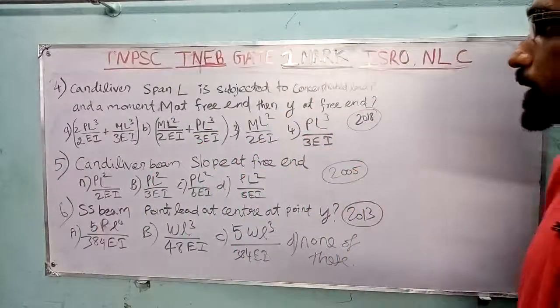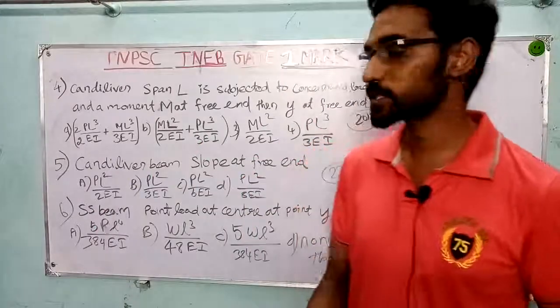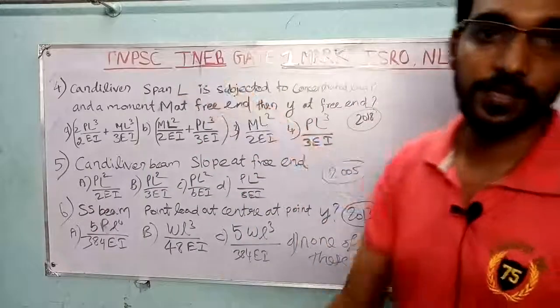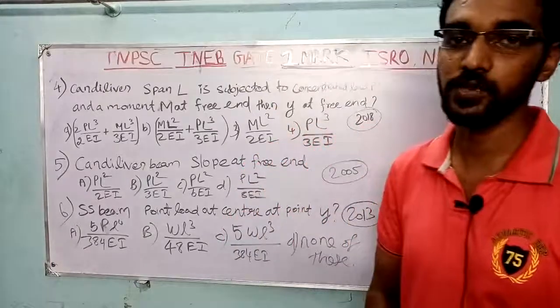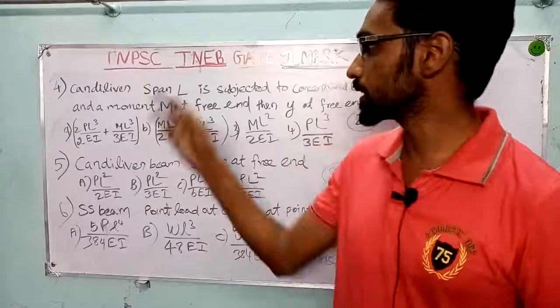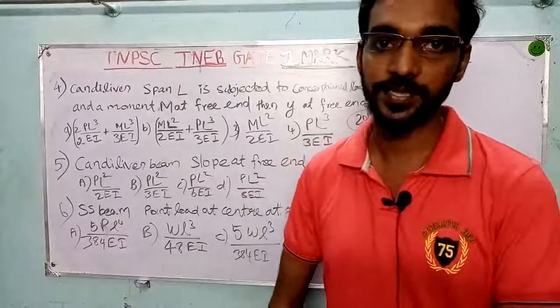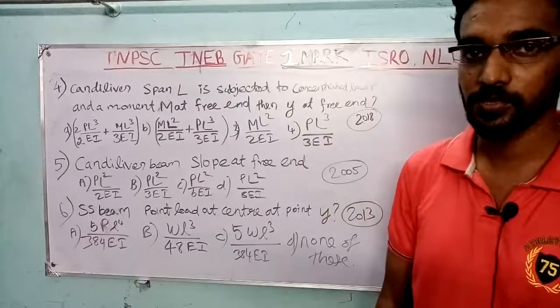Now the next question will be a TANCET question. Why are we seeing the TANCET question? TNEB AE, all the examinations are conducted by the TANCET organization, Anna University only. For the previous 2 years the conducting organization is Anna University only. So the TANCET syllabus is also available.